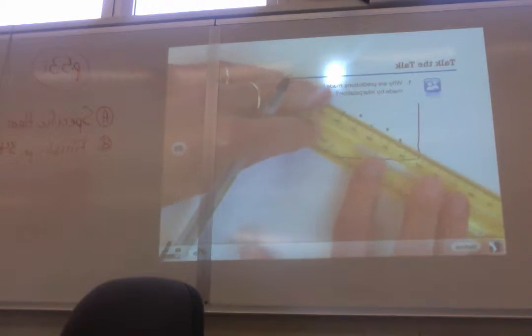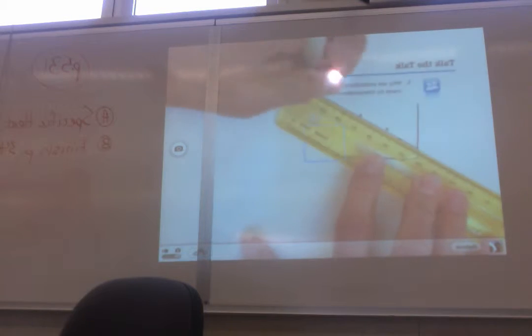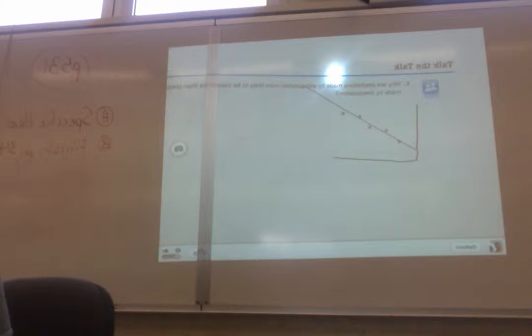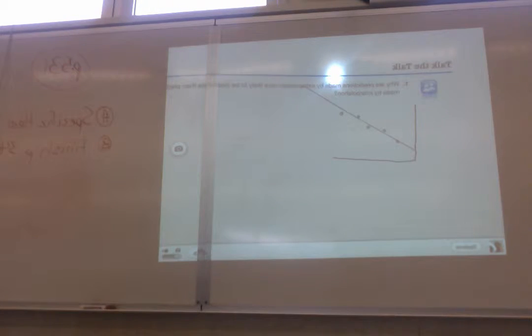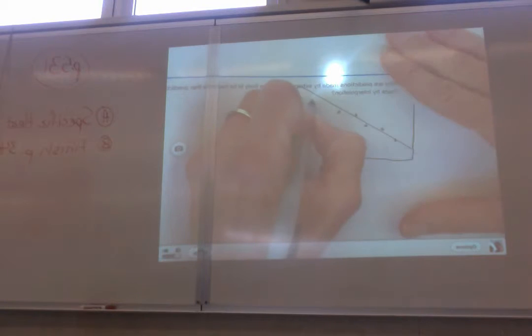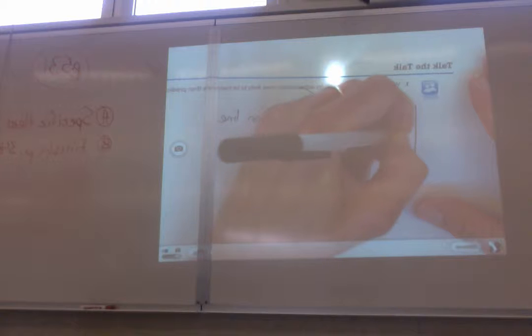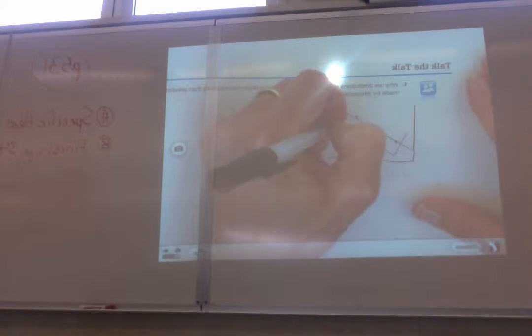Now, it doesn't exactly hit all the dots. Some are a little above, some are a little below, but it gives you an idea of the pattern. So this is the linear regression line. And then the vocabulary that they're using is interpolation.